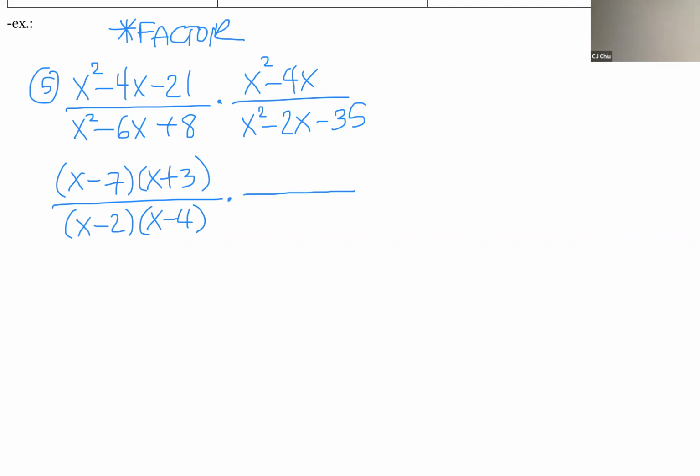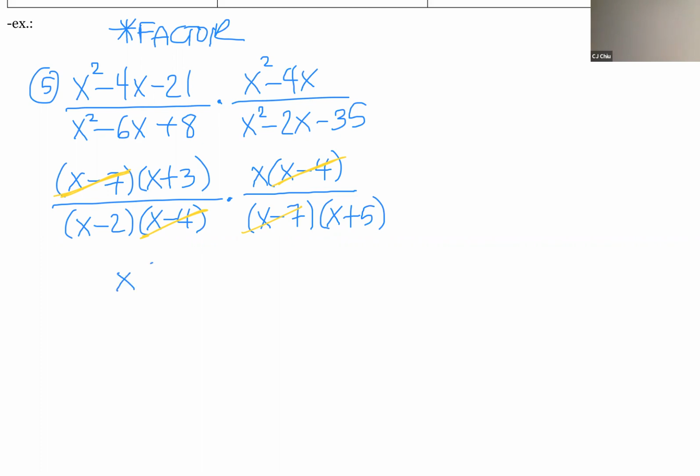times this top right, take out the x for x squared minus 4x, okay? So then x minus 7's cancel, your x minus 4's cancel like so, and then I think that's it. So what are we left with?